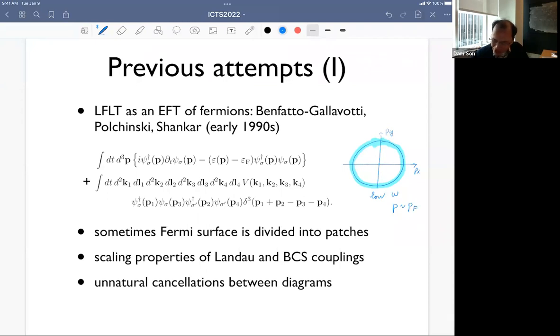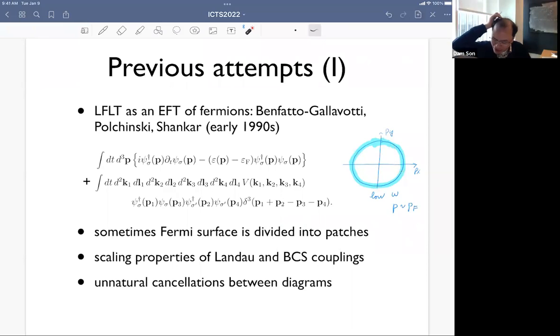So the effective field theory looks very complicated because we have to take into account scattering between particles at different points on the Fermi surface. This delta function in the effective action, written here, is a formula copied from a paper by Polchinski on this subject. We have a delta function where the particle momenta p1, p2, p3, p4 will all be on this Fermi surface, and they are not small.